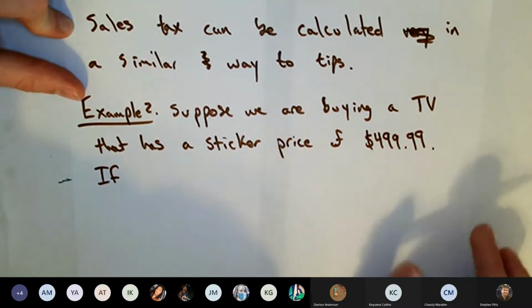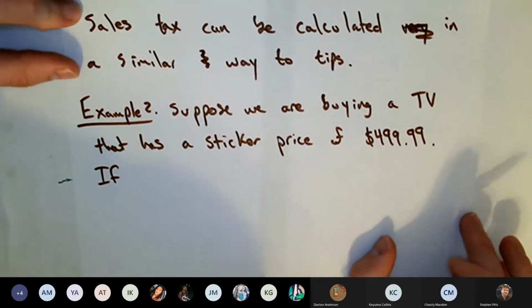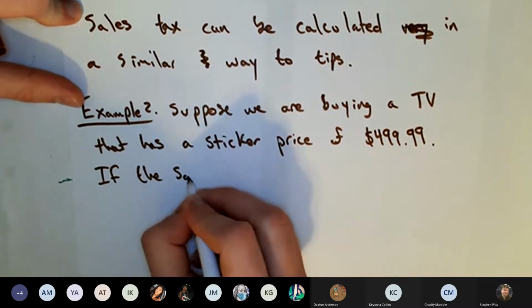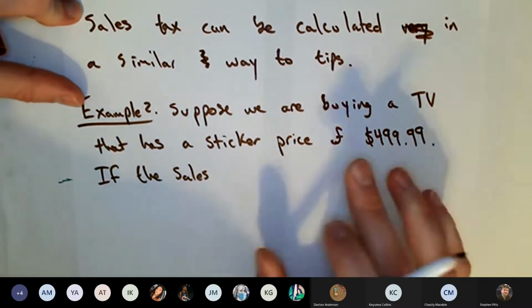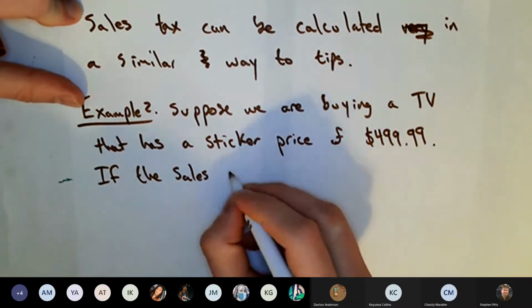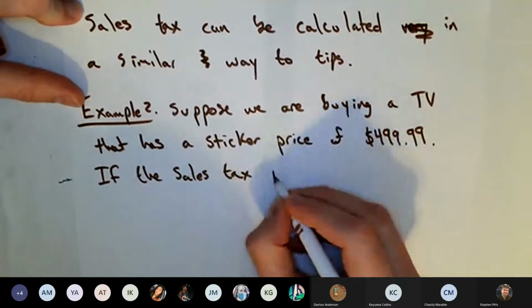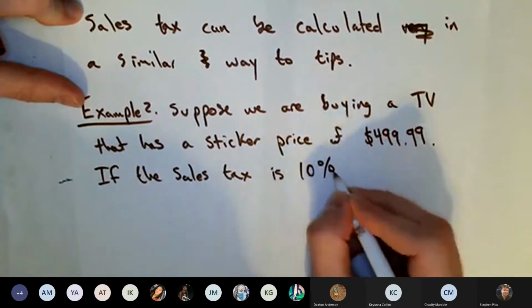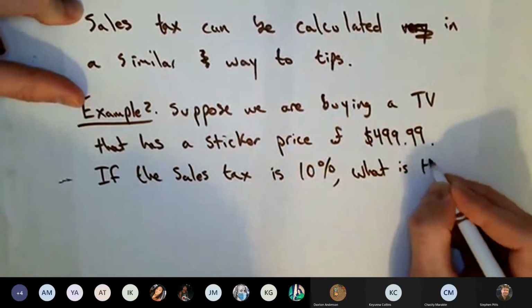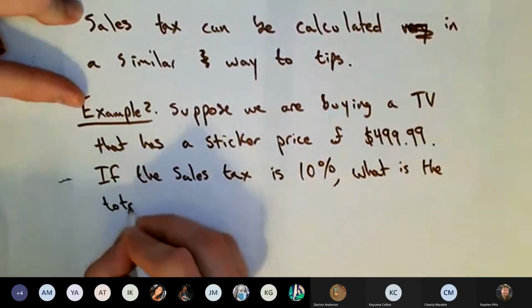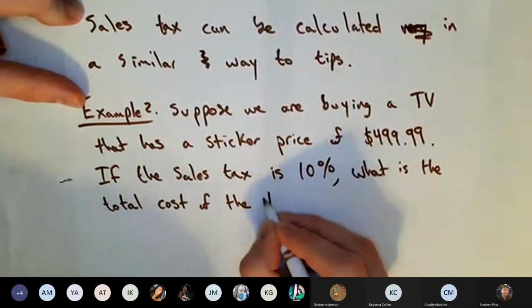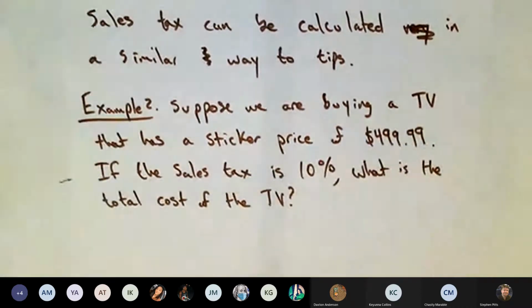Let's say you're buying it in Oxford, where the sales tax is 10%, I think. In fact, I think it's 10% in Oxford, Jacksonville, and Anniston now. If the sales tax is 10%, what is the total cost of the TV?